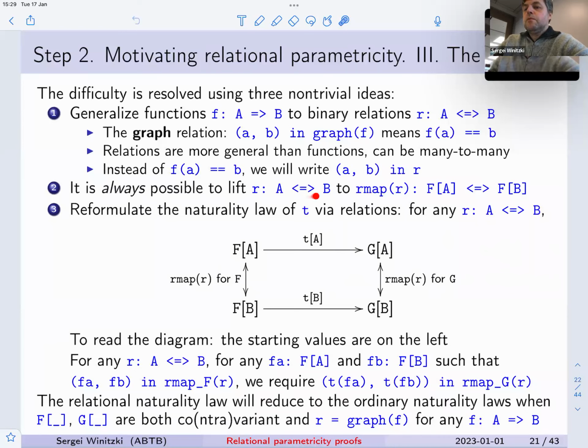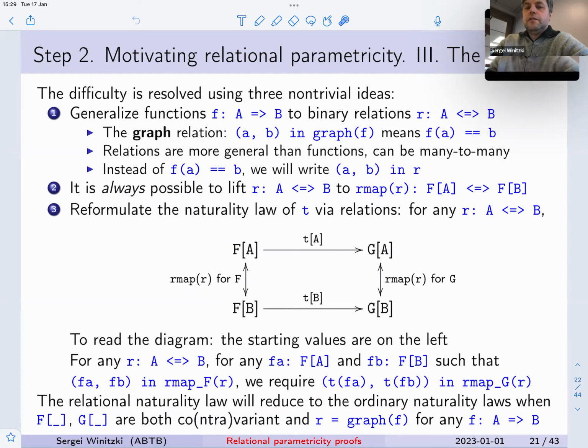Now, the interesting and very non-trivial fact is that even when the type constructor f is neither covariant nor contravariant, you can still perform this lifting. So if you begin with some relation here, then you always can construct the corresponding lifted relation here. And in the next parts of the tutorial, I will be defining explicitly how that lifting needs to work.